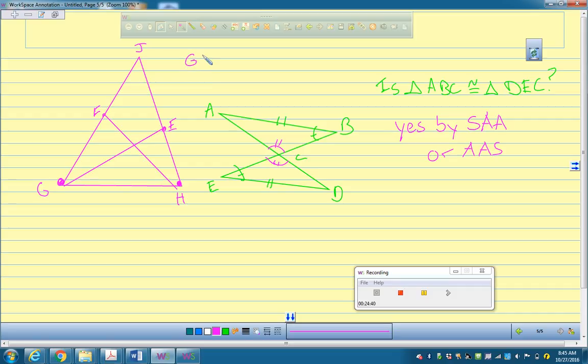Given GF is congruent to HE, and FH is congruent to EG.